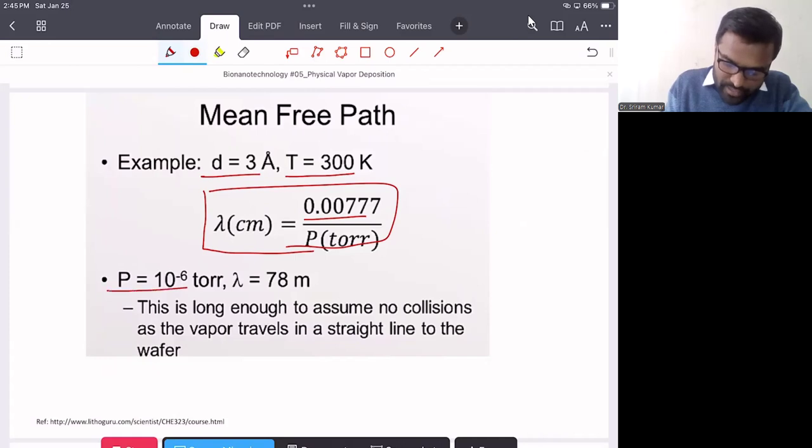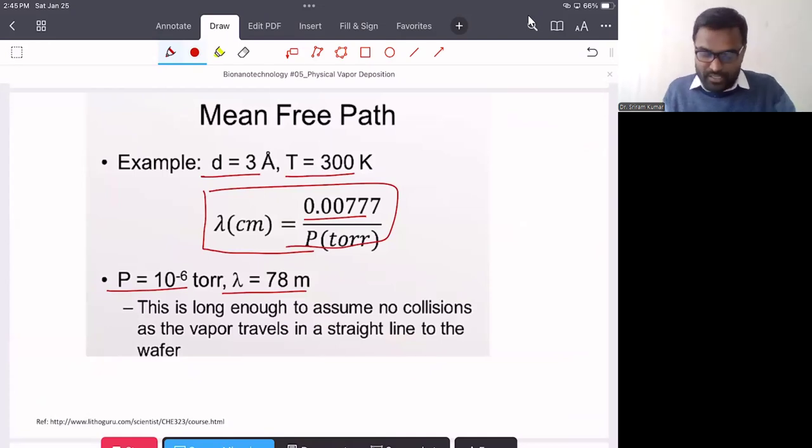If we have a very low pressure, 10 to the minus 6 torr, lambda is close to 78 meters. That is huge. That means the gaseous molecule will travel close to 78 meters before colliding with another gaseous molecule.